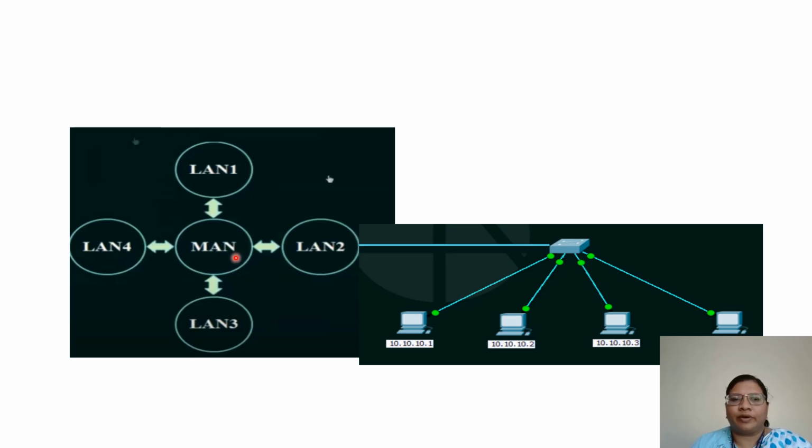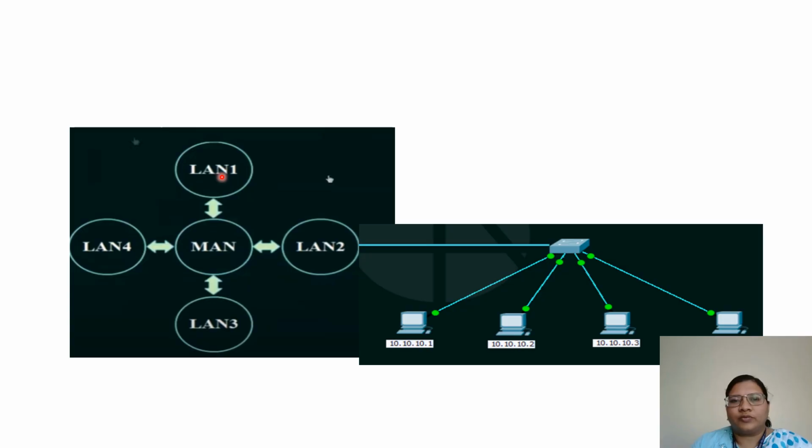For example, if I'm running a supermarket in a city, like a Reliance supermarket or any small supermarket, in Chennai I will have branches in Perambur, Madavaram, like that. So this LAN is Perambur, this is Madavaram, this is Tambaram, and this is Avadi. These four LANs are connected with this metropolitan area network.